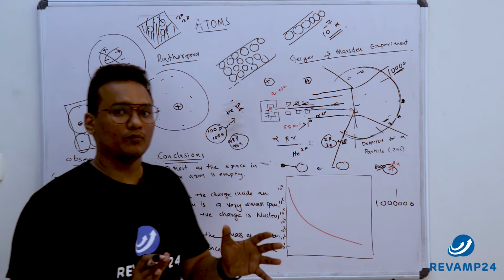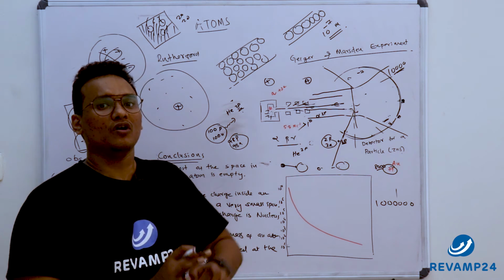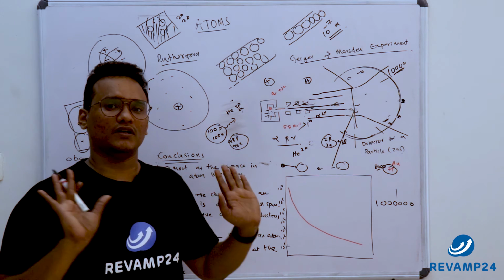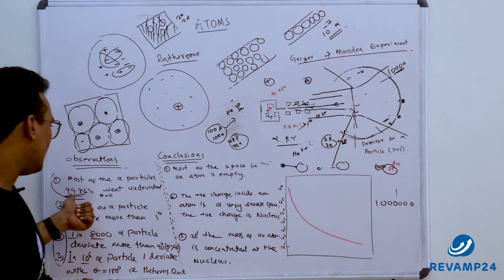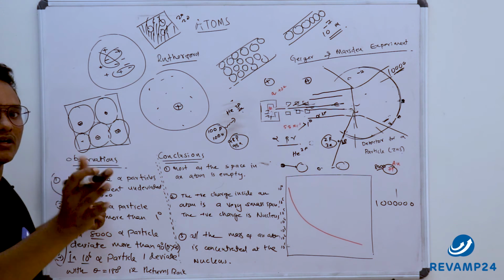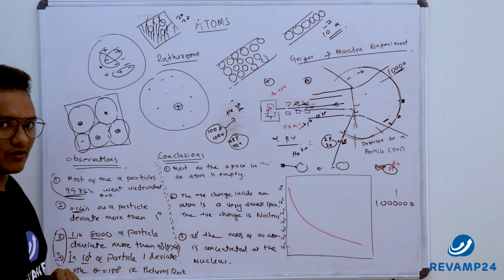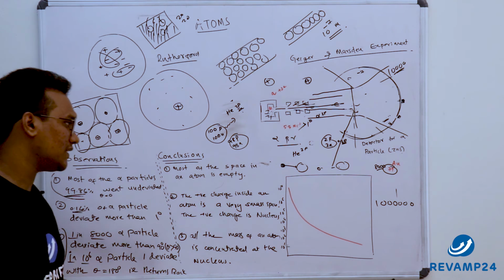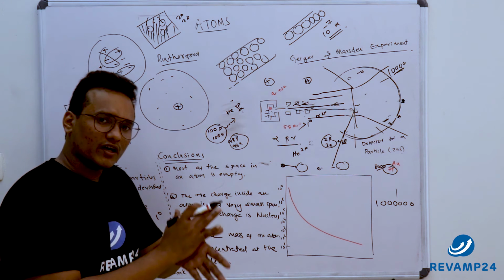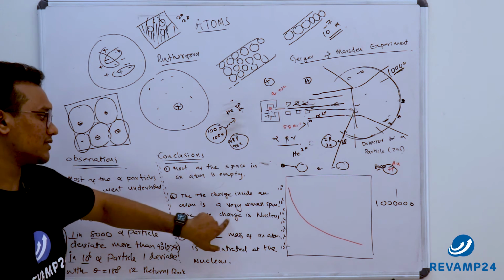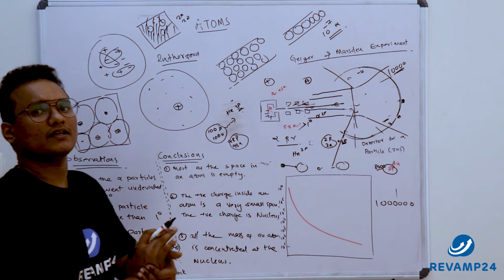Conclusions are very, very important. Let me repeat it for you. Most of the space in an atom is empty. That is the reason 99.86 percent has gone undeviated. Then what is the reason for deviation? The positive charge inside an atom is in a very small space, and the positively charged element is called the nucleus.